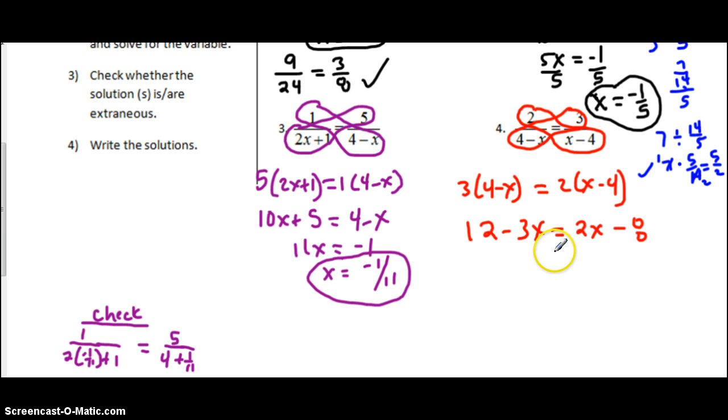Then we combine like terms, moving them to one side. First I'm going to add 3x to both sides, and at the same time add 8 to both sides. That cancels to 0 and leaves 5x. Here that becomes 0, and that equals 20. Then we divide by 5, and we get x equals 4.